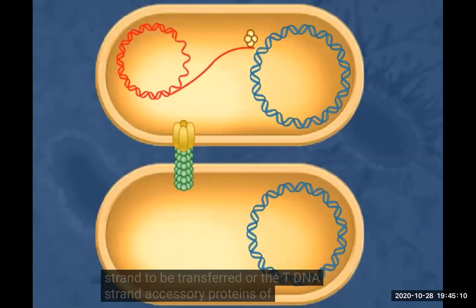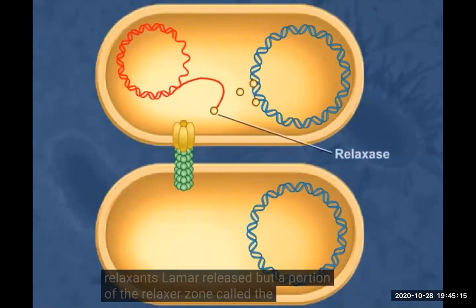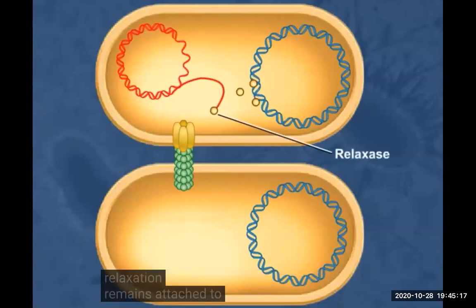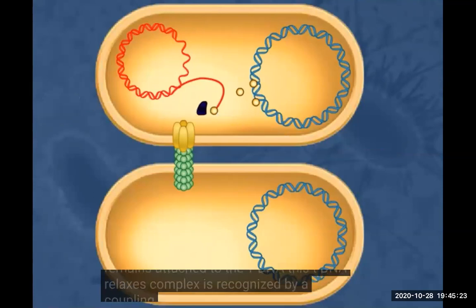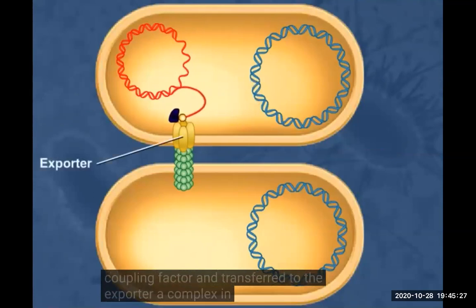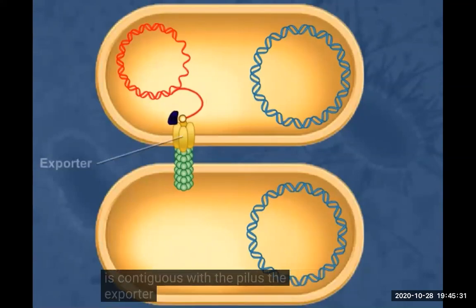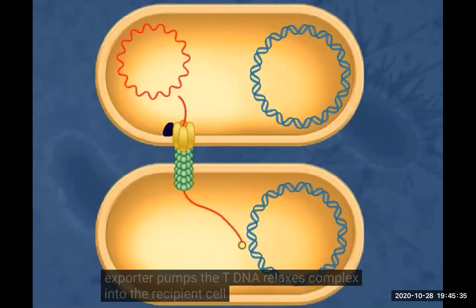Accessory proteins of the relaxosome are released, but a portion of the relaxosome called the relaxase remains attached to the tDNA. This tDNA relaxase complex is recognized by a coupling factor and transferred to the exporter, a complex in the F+ cell that is contiguous with the pilus. The exporter pumps the tDNA relaxase complex into the recipient cell.